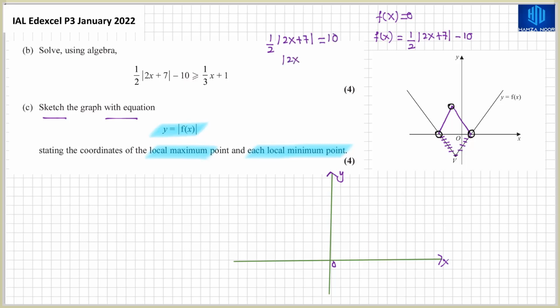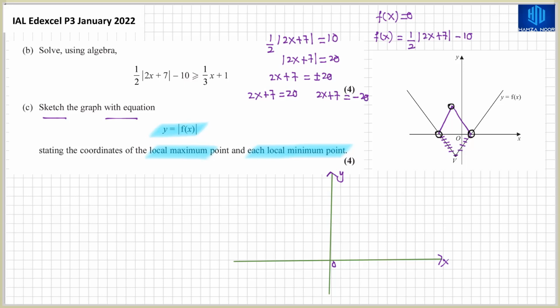Therefore modulus of 2x plus 7 is equal to 20. Therefore 2x plus 7 will be equal to plus minus 20. In order to solve this equation, we have to remove the modulus sign from the left hand side. So 2x plus 7 is either equal to 20 or 2x plus 7 is equal to minus 20.